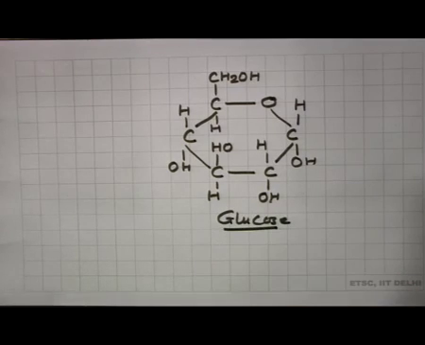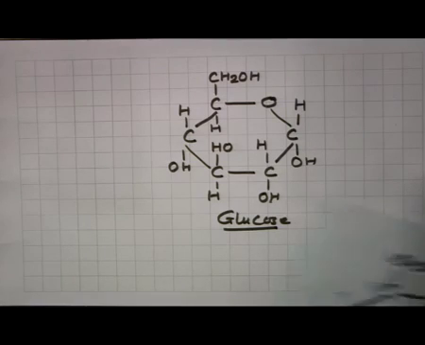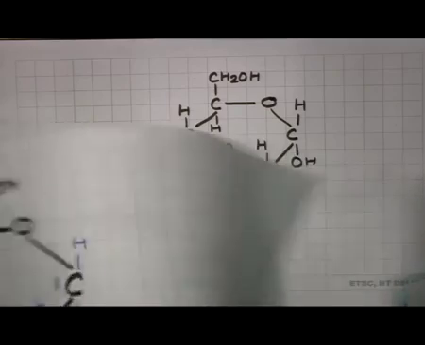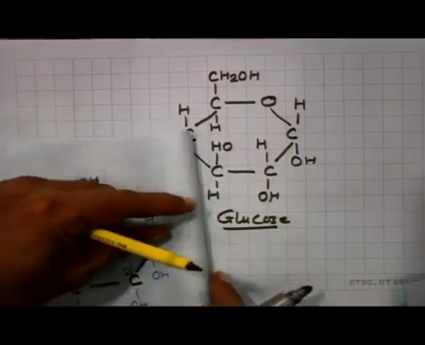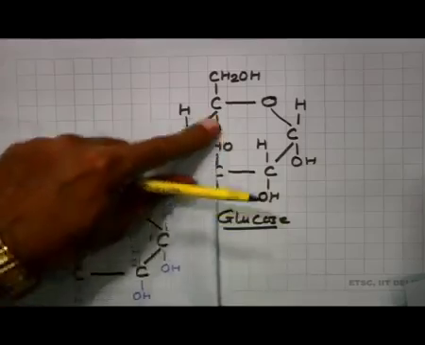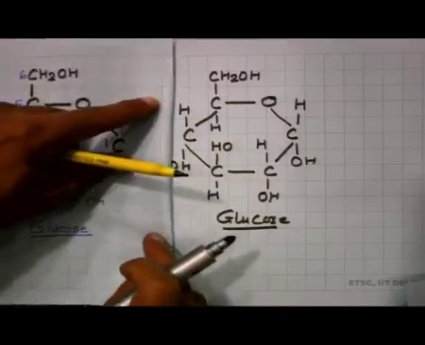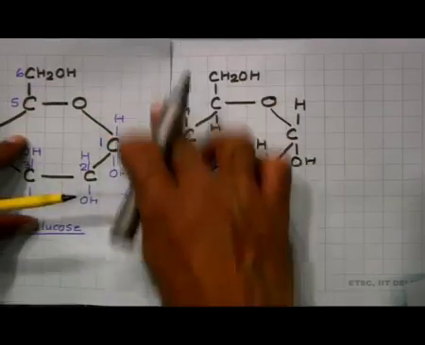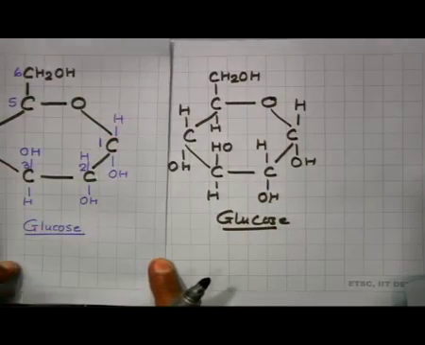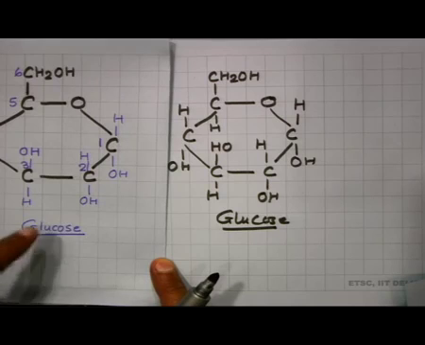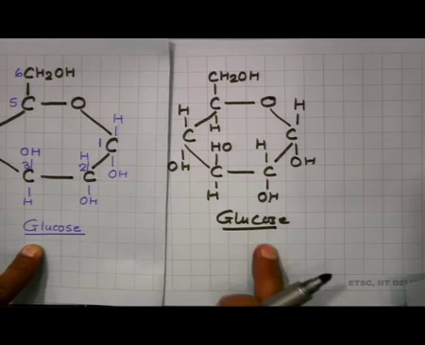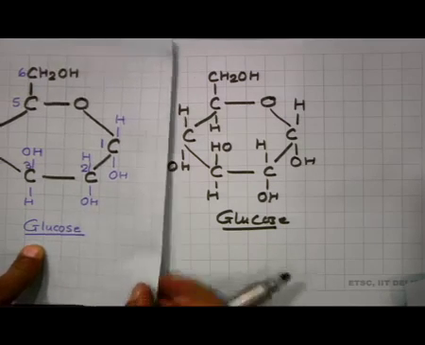Now, when we write the second structure of glucose, you can find here, when two glucose molecules are going to unite, that is this type. So, this is the structure of glucose, this is the one glucose and this one is the another glucose.